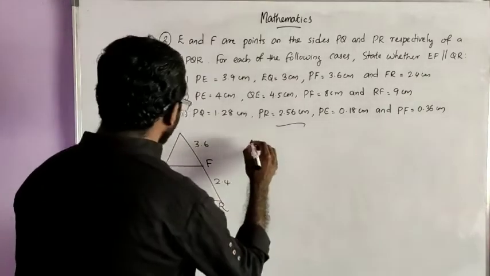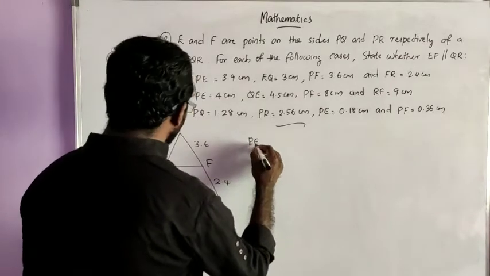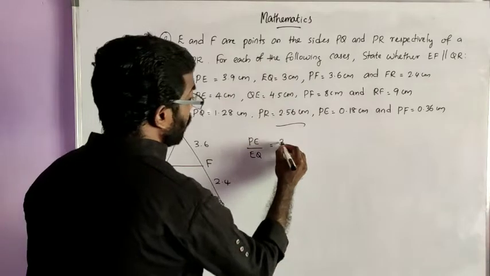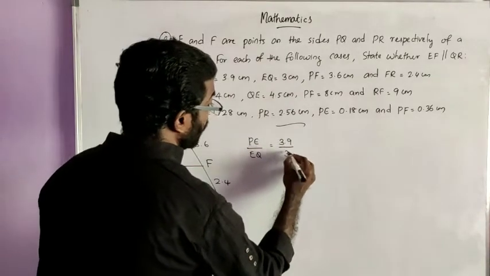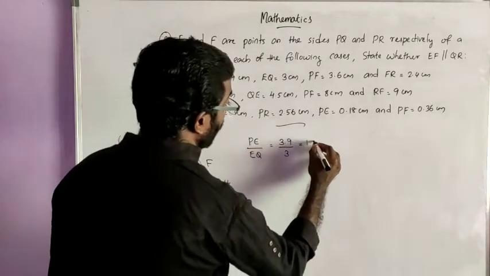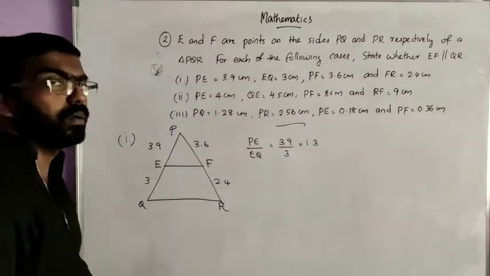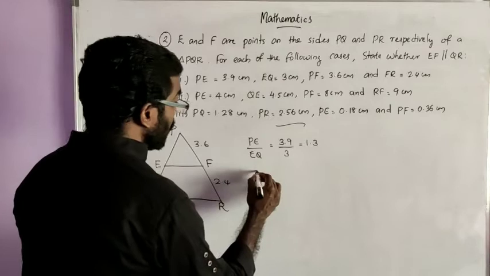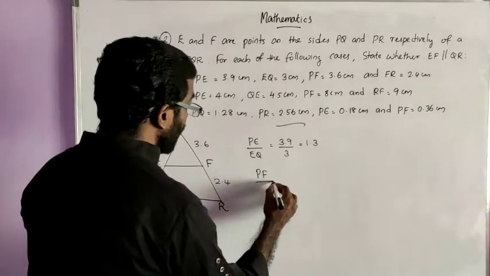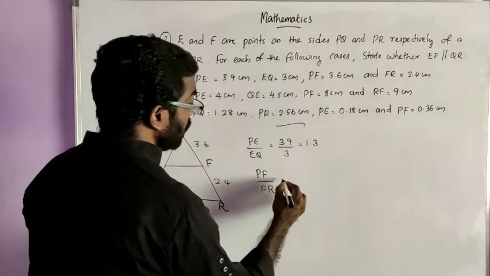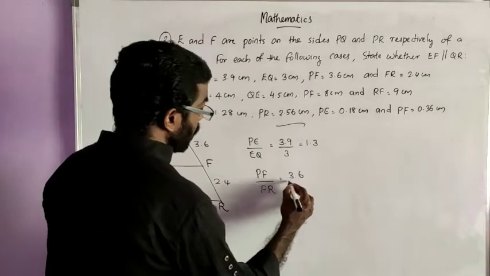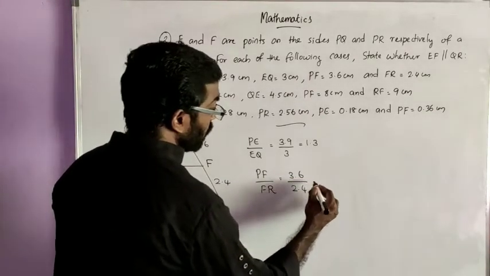Now we can find PE by EQ, which is equal to 3.9 divided by 3. That will be equal to 1.3. Then the ratio of the second side, that is PF by FR, will be equal to 3.6 by 2.4.